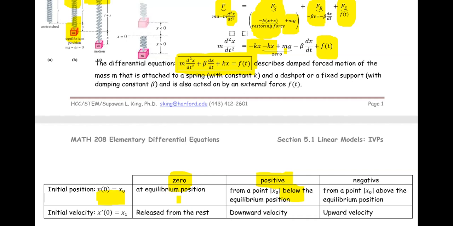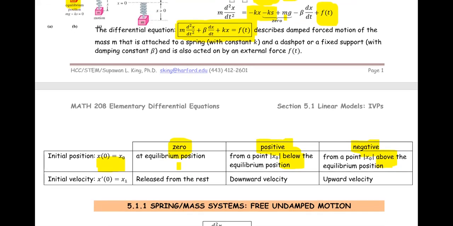This is the key term you will use to identify the plus or minus sign of the initial condition. If x at 0 is negative, it's compressed, pushed up above the equilibrium position. So above is negative, below is positive for the initial position.